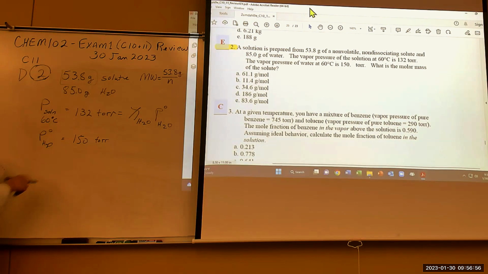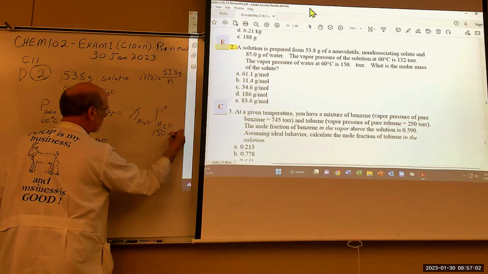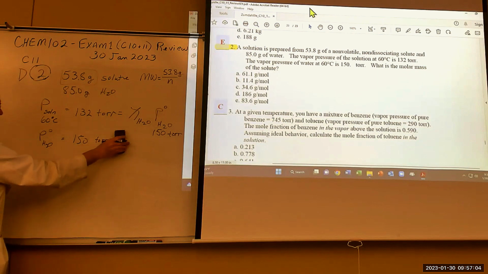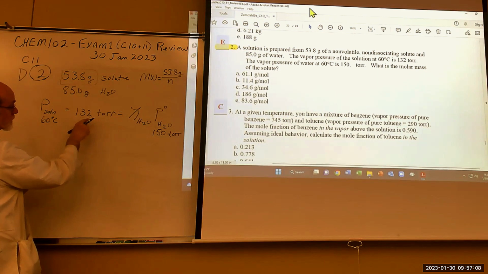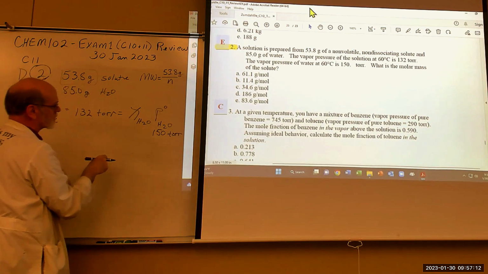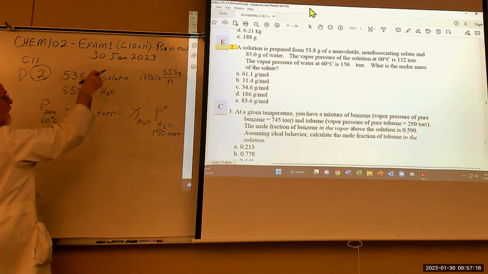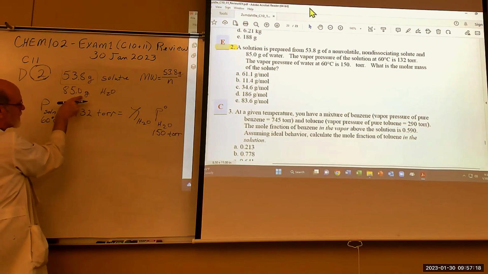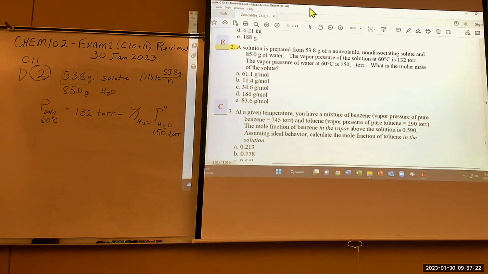All right, so this is the pure water, so that's 150 torr right here. And this is the resulting pressure of the solution. So now we can solve for the mole fraction, and that will tell us the relationship of this one to the total.